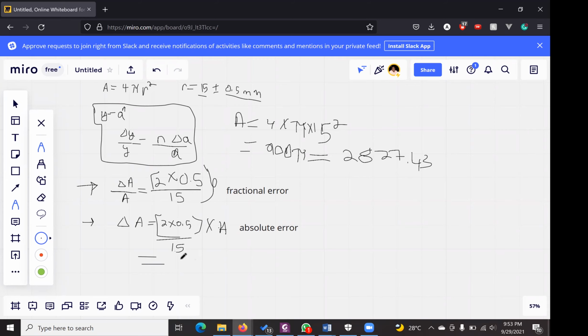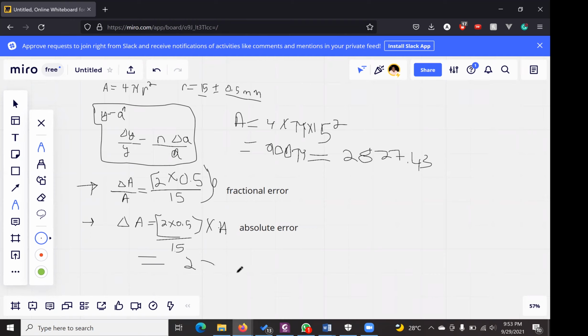We want to get the absolute error now. You're doing 189.4. So we'll get 188.49, but that's close to the left.